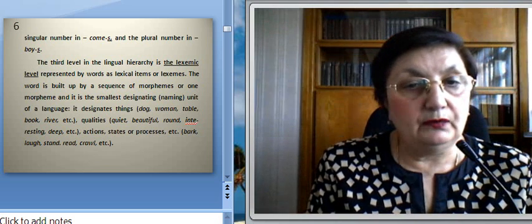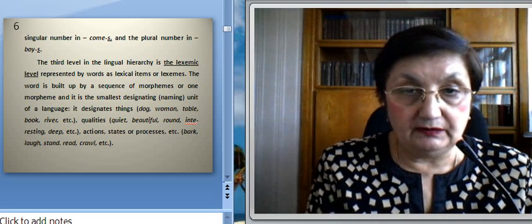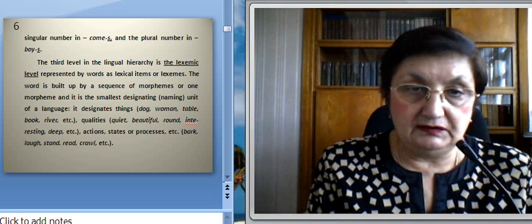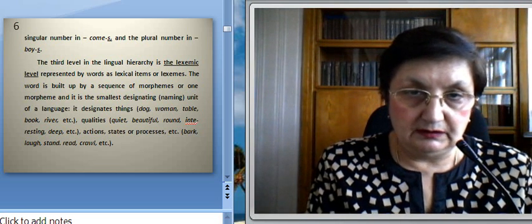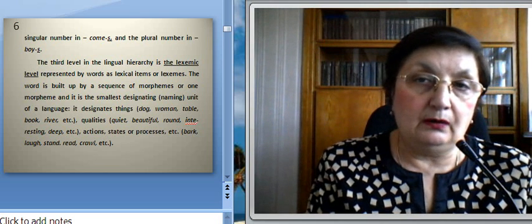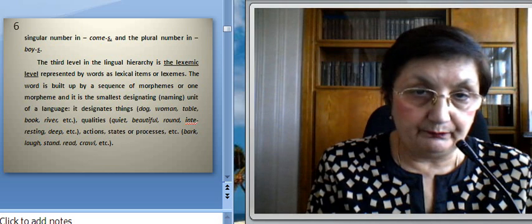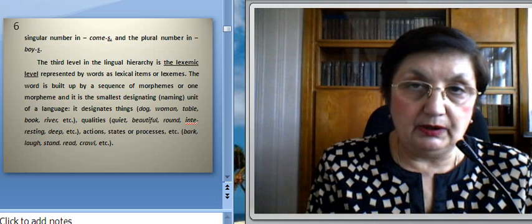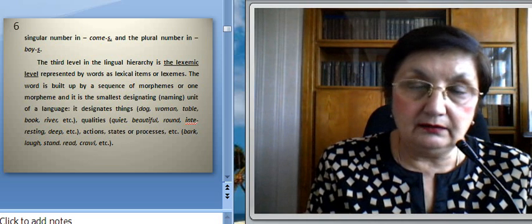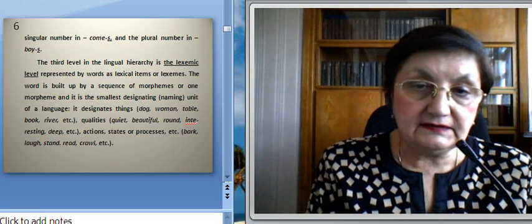The third level in the lingual hierarchy is the lexemic level, represented by words as lexical items or lexemes. The word is built up by a sequence of morphemes or one morpheme, and it is the smallest designating or naming unit of a language.